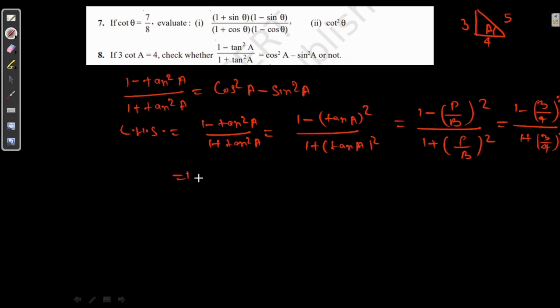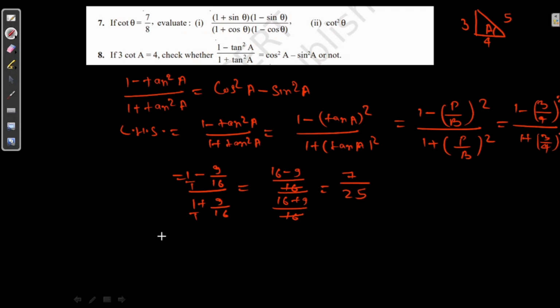Now solving here, 1 minus 3 square is 9, 4 square is 16. 1 plus 3 square is 9, 4 square is 16. We will take the LCM, and after taking LCM it will be 16 minus 9 by 16, 16 plus 9 by 16. These two will be cancelled. 16 minus 9 is 7, 16 plus 9 is 25. So that is something we have got.